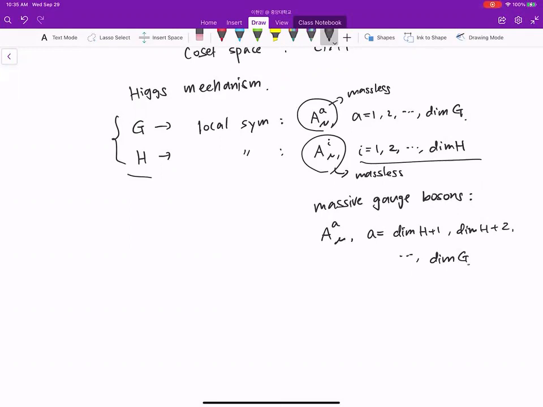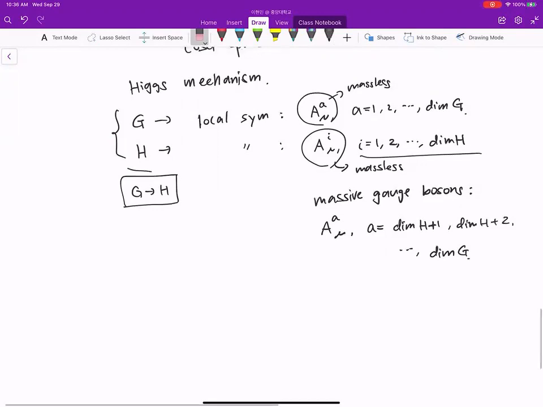So this massive gauge boson appears after symmetry breaking of G. The symmetry is broken already from G to H. Because H is smaller than G, you must have broken symmetry. Some of the massless gauge bosons get massive.